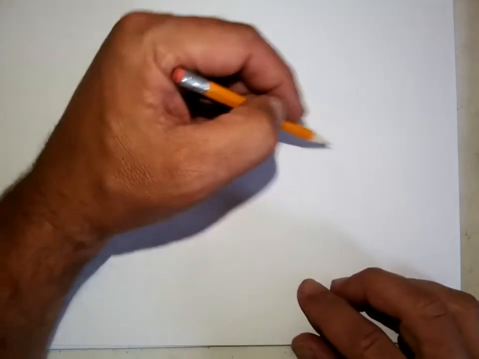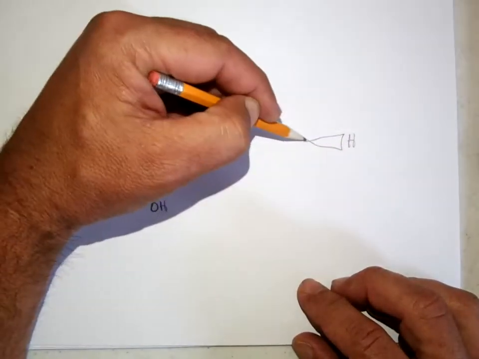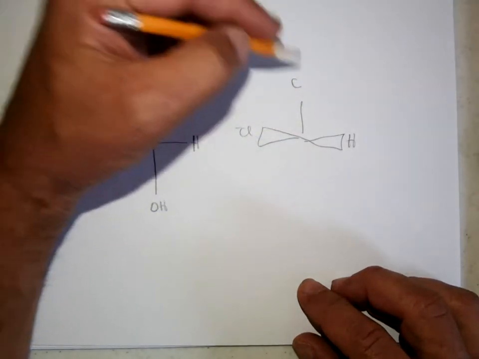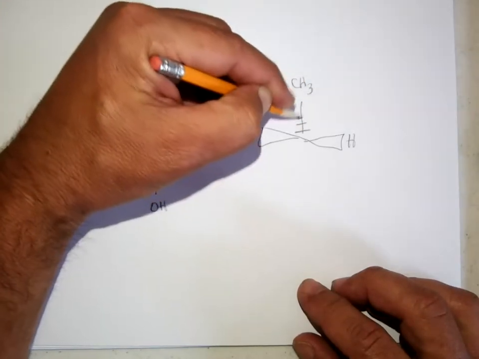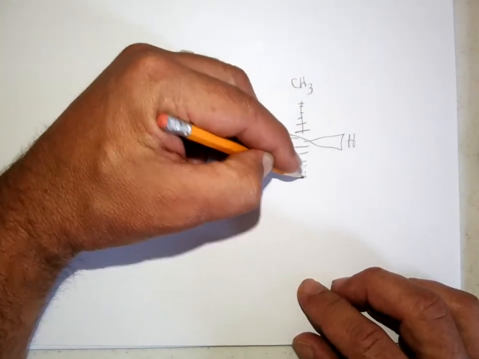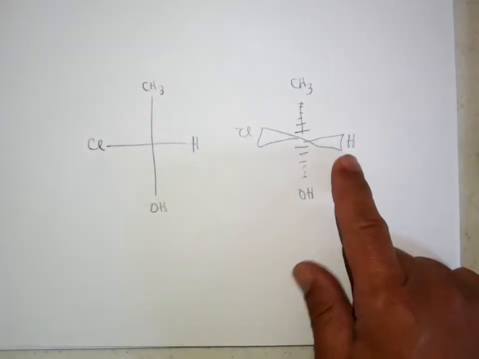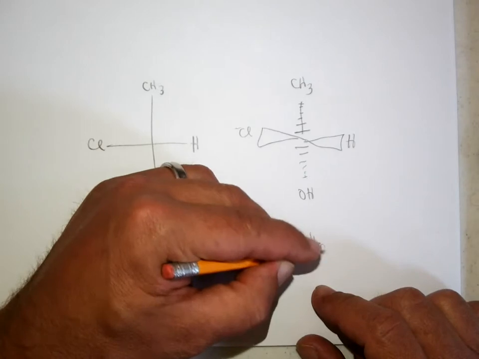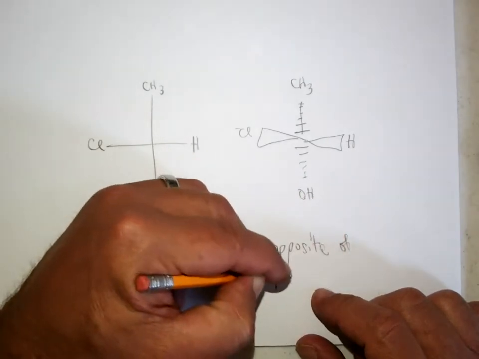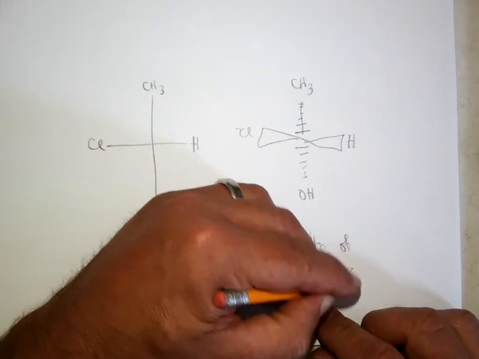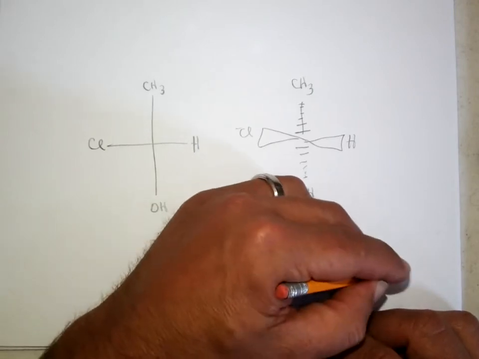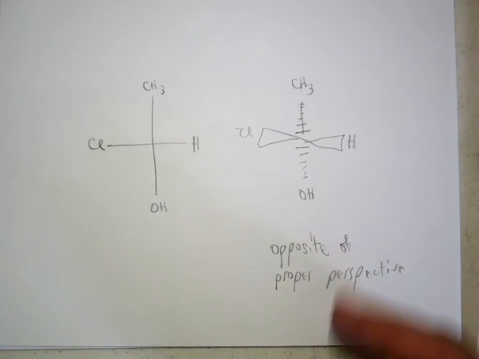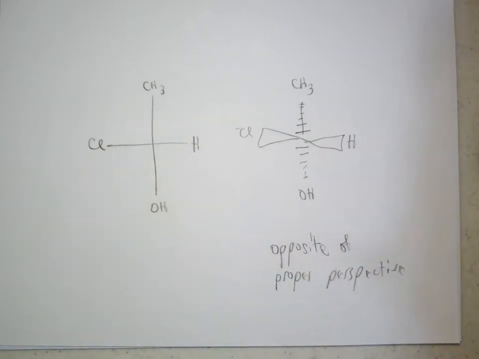So in this case, the hydrogen is towards us, the chlorine is towards us, the CH3 is behind, and the OH is behind. So with the hydrogen in front, this is the opposite of proper perspective, because to assign chirality, you're supposed to have the hydrogen in the back, and now we've got it in the front.